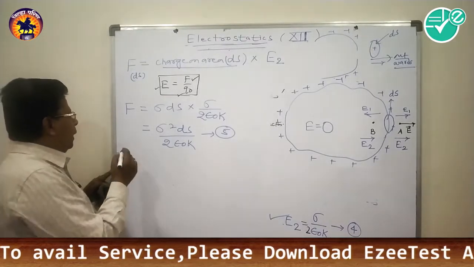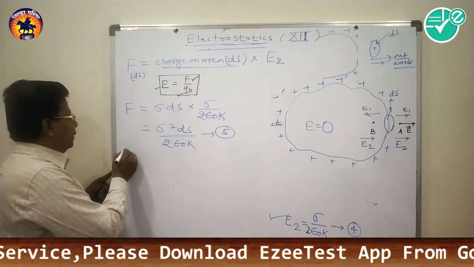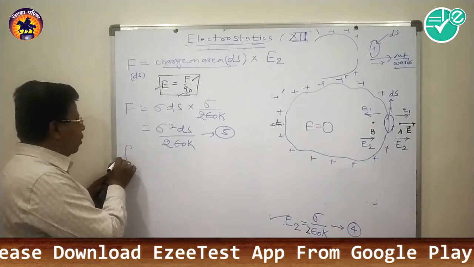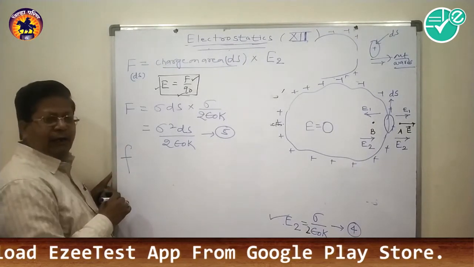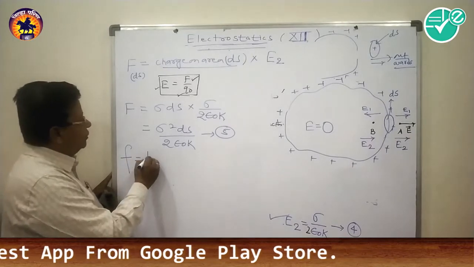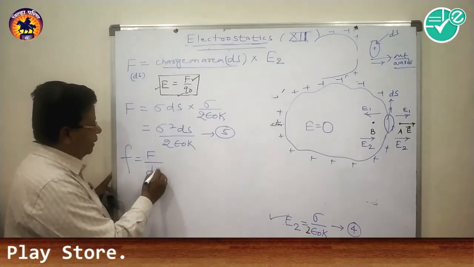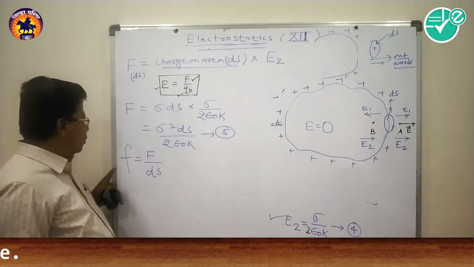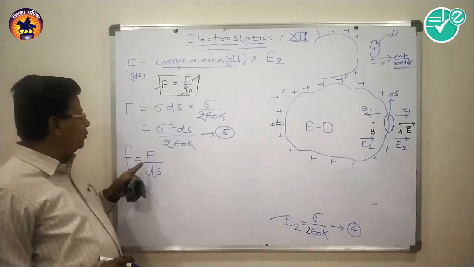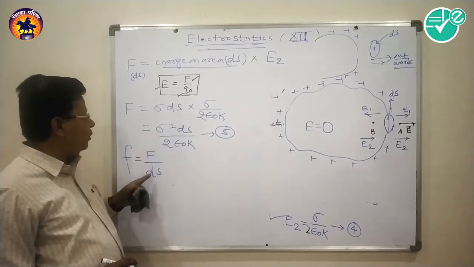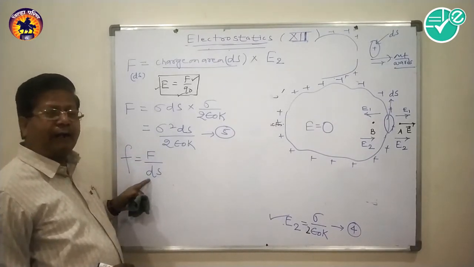And we want to find the mechanical force per unit area, which is small f, equal to mechanical force divided by area ds. So mechanical force per unit area, small f, is equal to capital F divided by ds.